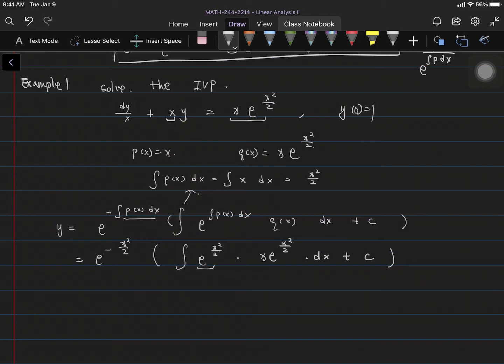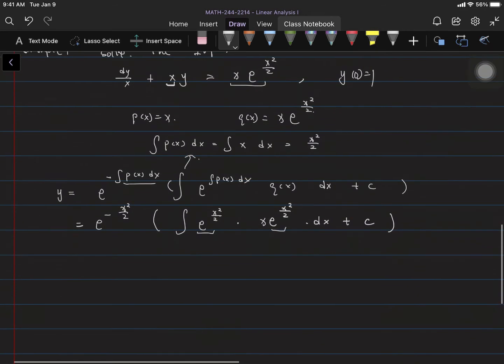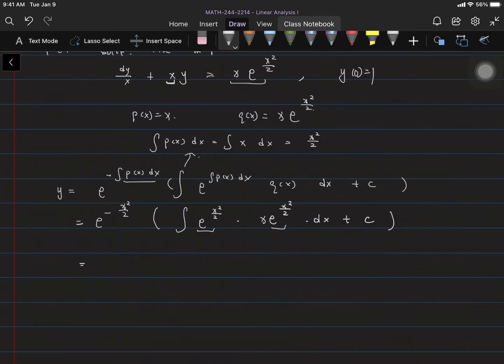And let's simplify. We can combine those two terms, add the exponents together. So this equals e to the negative x squared over 2, and here, x e to the, when we combine, we add the exponents, x squared over 2 plus x squared over 2 is x squared, dx plus c.